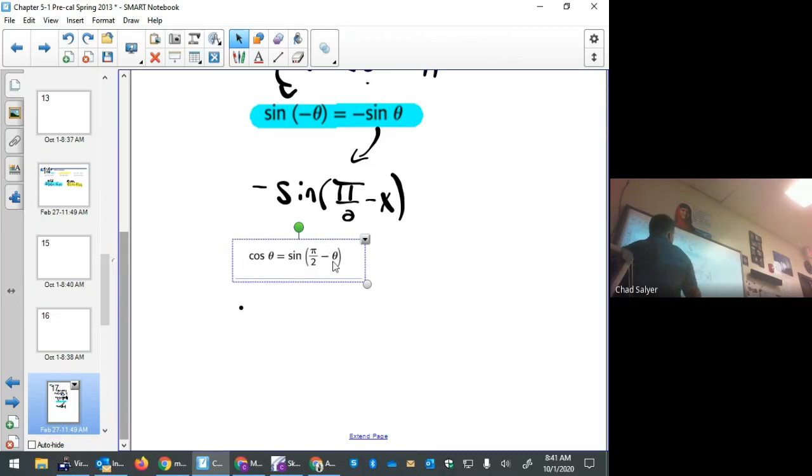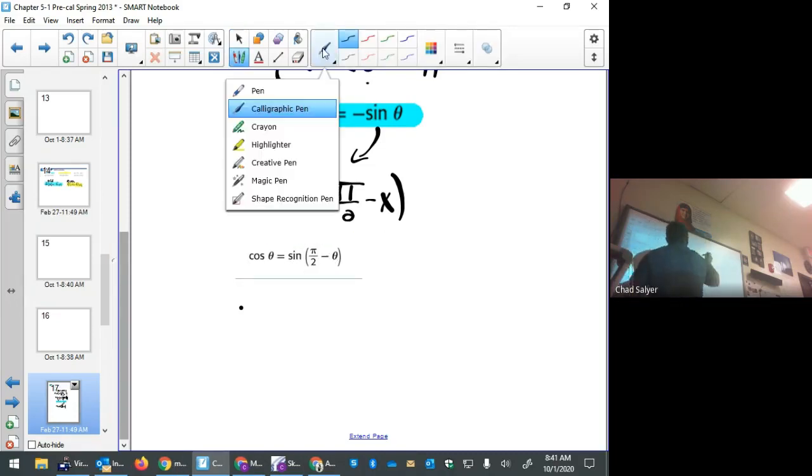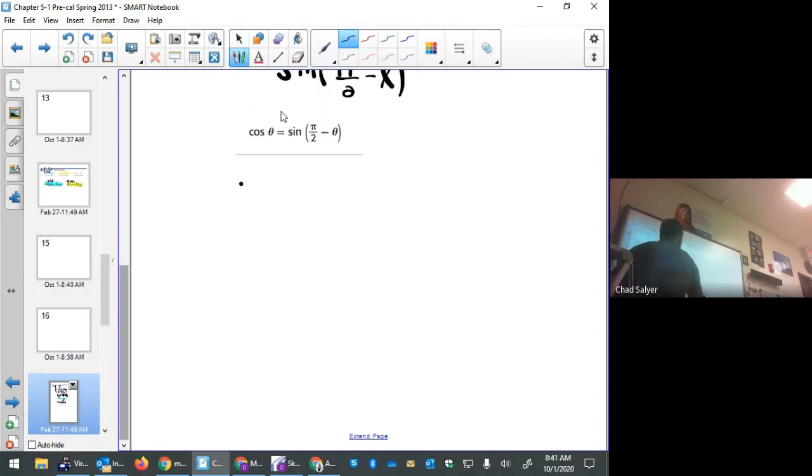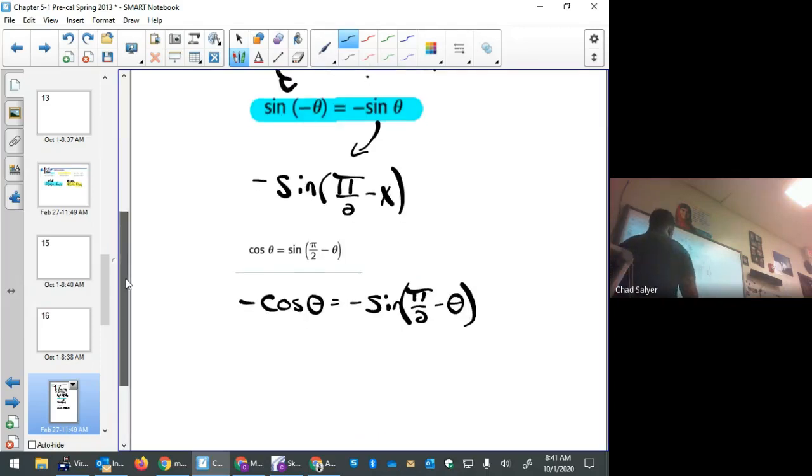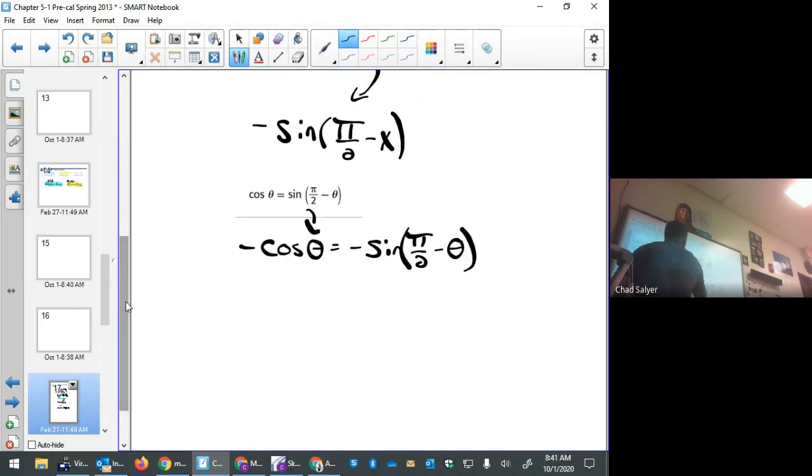Because you see how if this is true, then negative cosine theta has to equal negative sine of pi over 2 minus theta. This leads to that. And then here, I see this is the same as this, just theta and x are interchanged, which is okay.